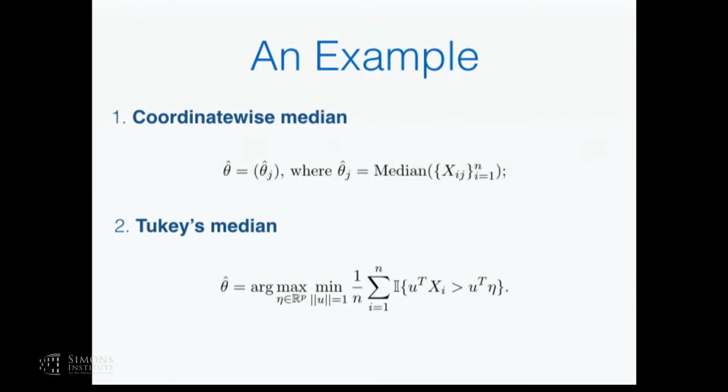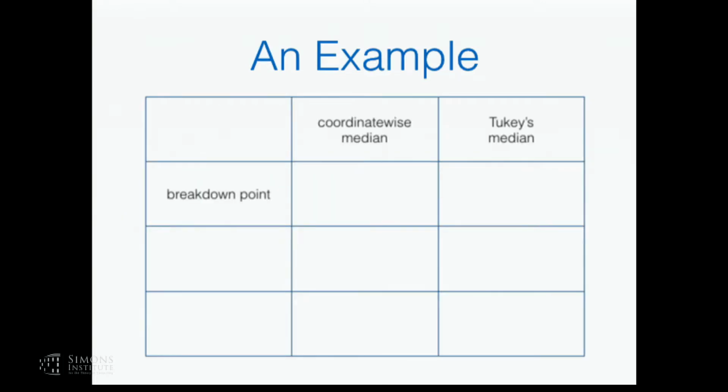So which estimator is better? If you are familiar with the literature from the 1960s to the 80s, especially the papers in the Annals of Statistics, one of the most popular notions to assess the robustness of estimators is called the breakdown point.